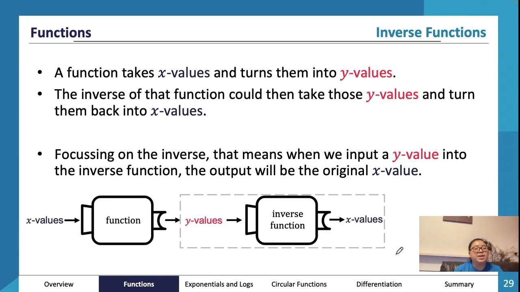So what this means is that we're actually inputting y values into the inverse function, and the outputs will be the original x values. You can see that here. If we input the same y values into the inverse function, we should get the same x values. So there's a relationship between the domains and ranges of the function and the domains and ranges of the inverse function.